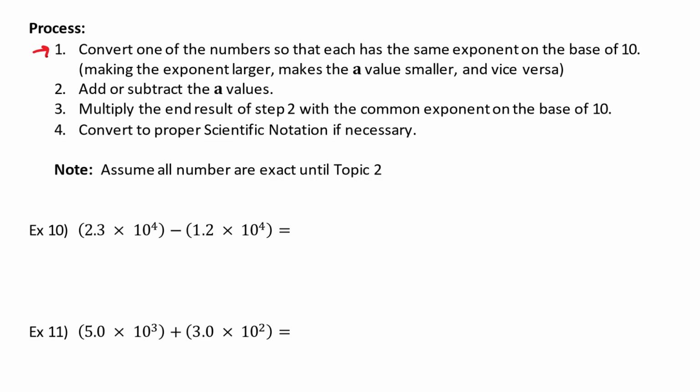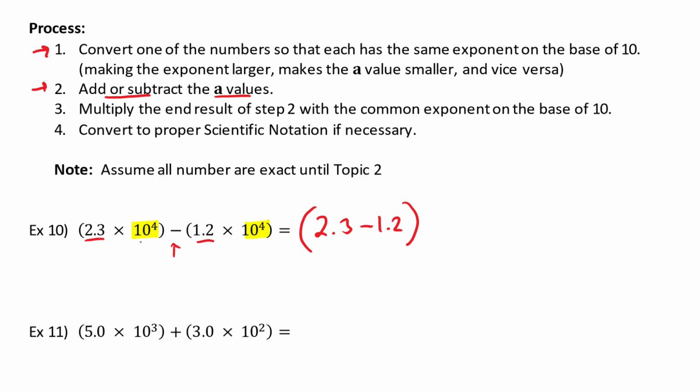Step number 1. You want to make sure that they have the same exponent on the base of 10. Step number 1 is already complete. For example 10, you can see they are both in terms of 10 to the exponent 4. Step number 2. Add or subtract the a values. So here's those a values there. 2.3, we are subtracting minus 1.2.